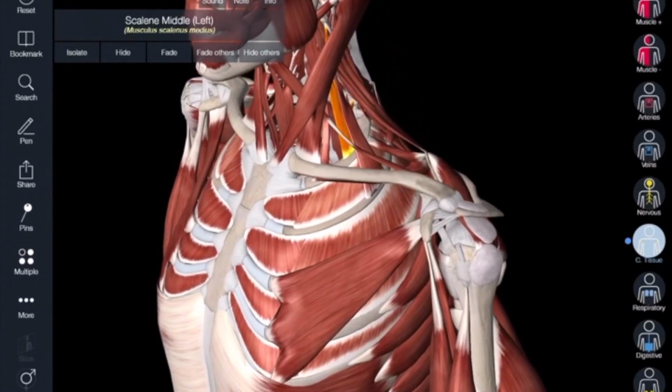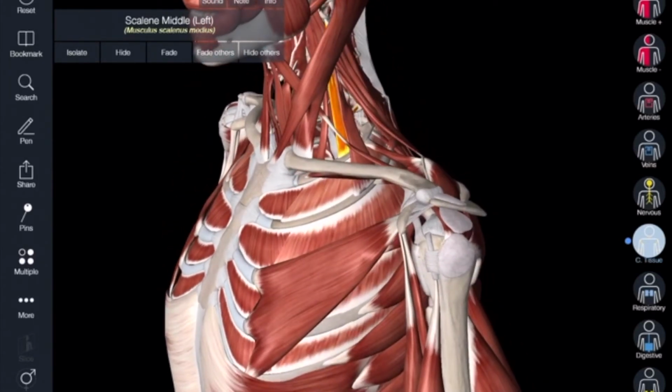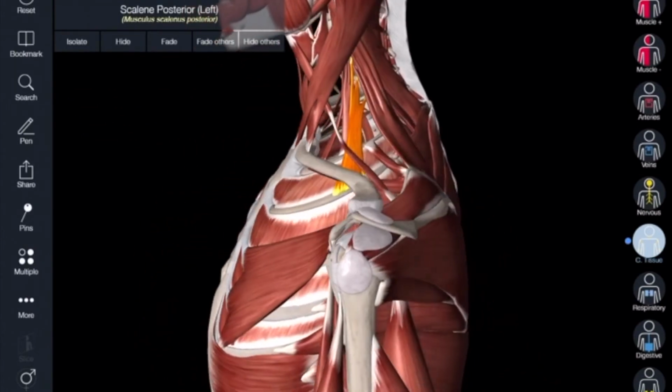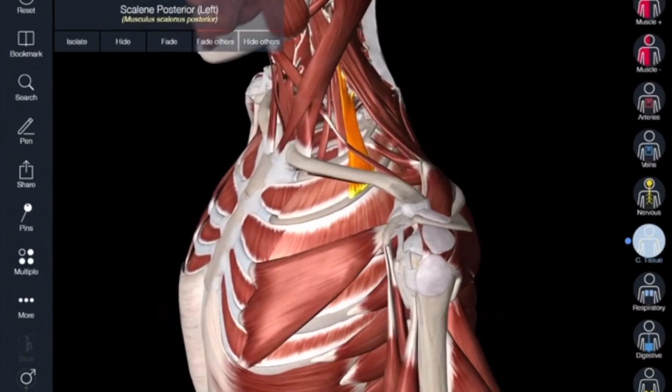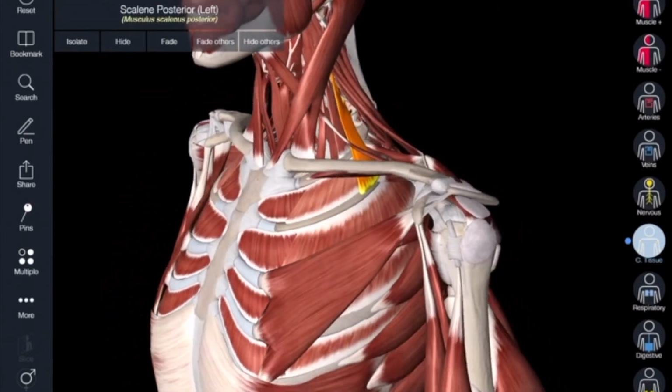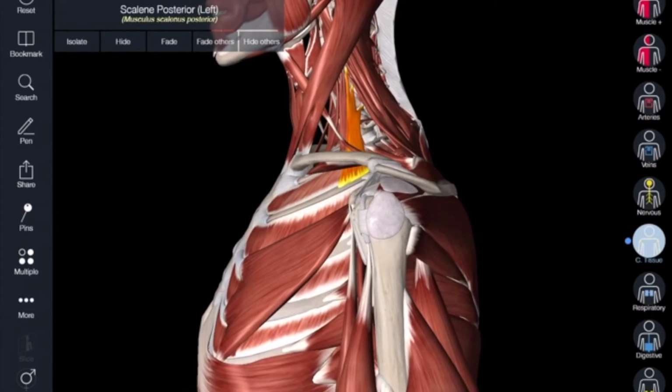During that time, the scalenes do their very, very best to try to be like the ligaments of the neck, which of course they cannot be ligaments because they're muscles, but they try. And they try and they try. And for a muscle to try to be a ligament, what that results in is that muscle getting tight.